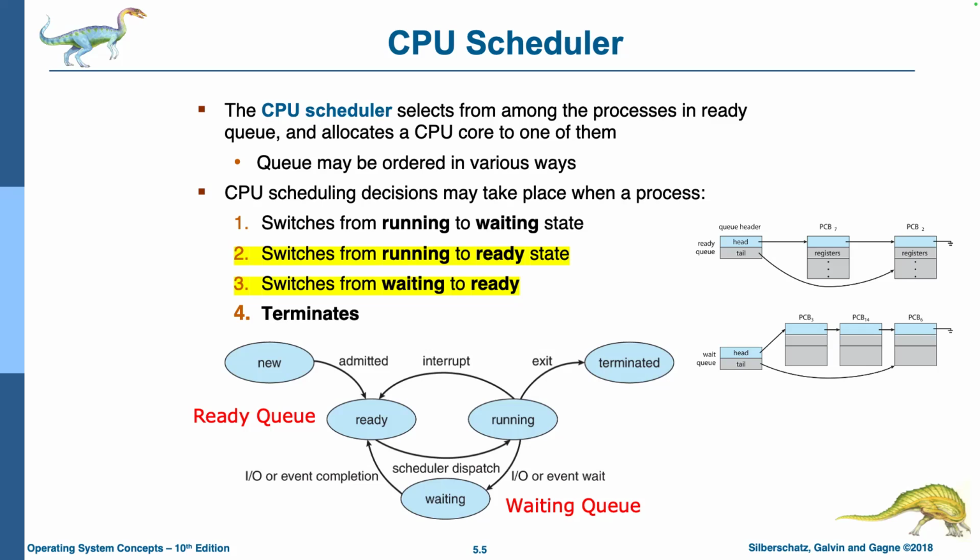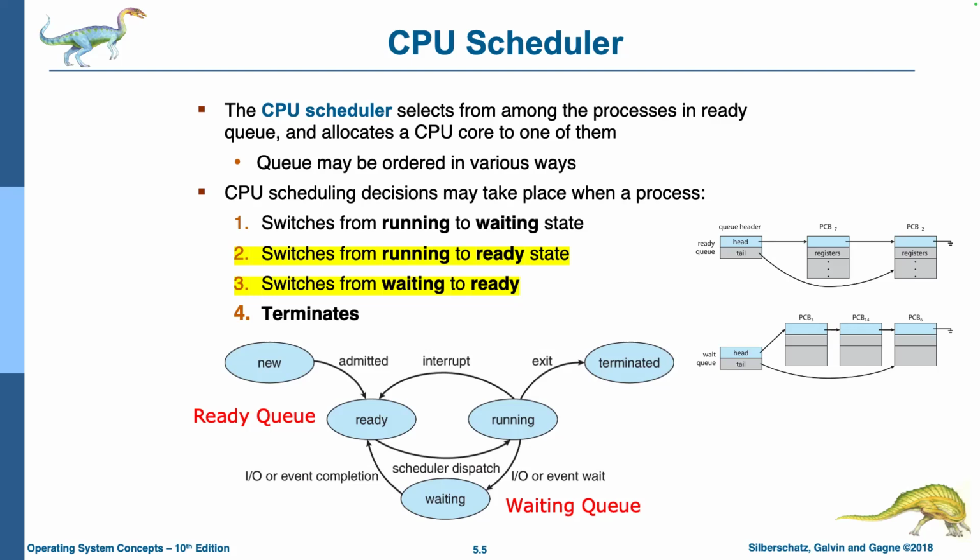And the third one is switch from waiting to ready, when the IO event completes. We take this PCB out and put it into the ready queue. And the fourth one is the most simple: terminate. When running is complete, it terminates.